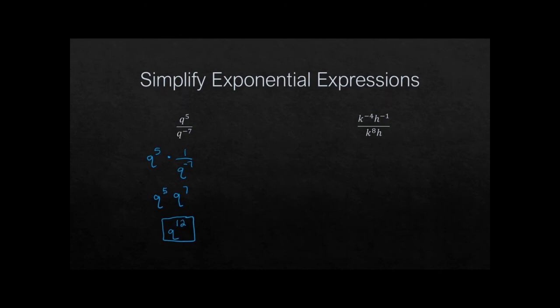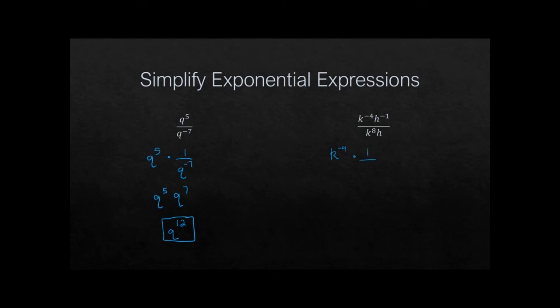And we can do the same thing in the second one here. We have k to the negative 4, h to the negative 1, over k to the 8, h. So I can put my k's together.